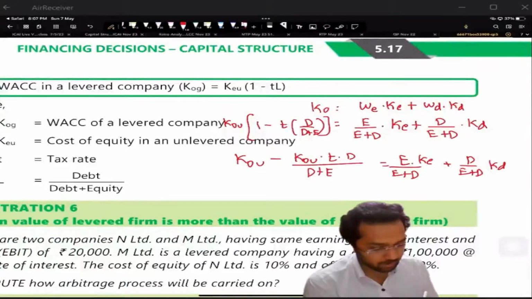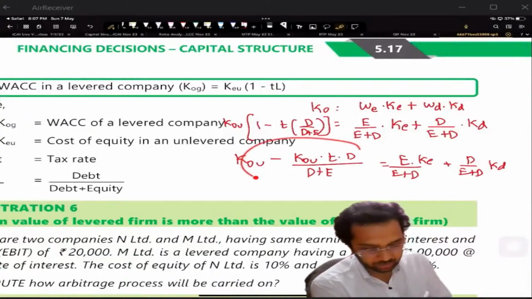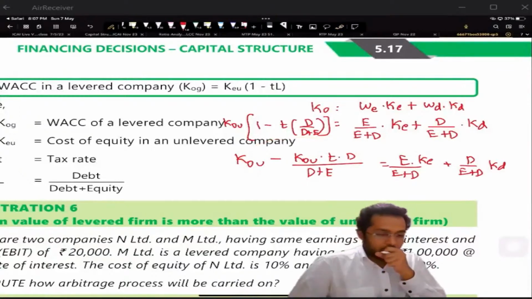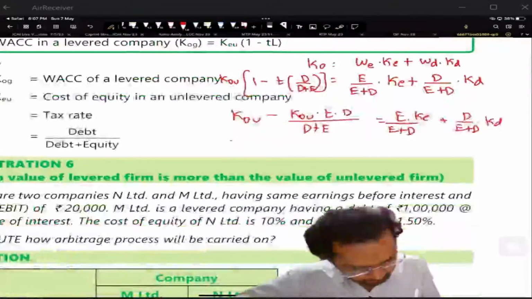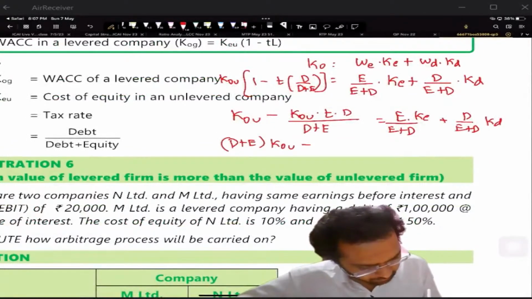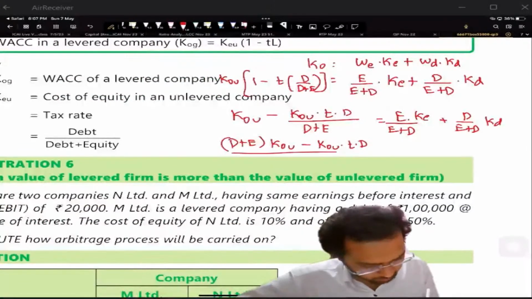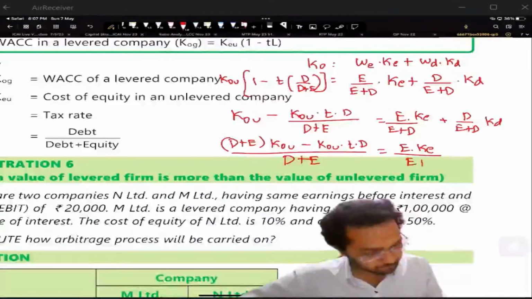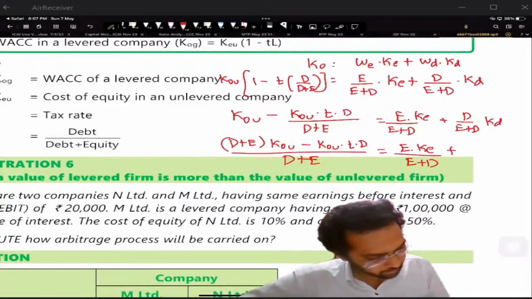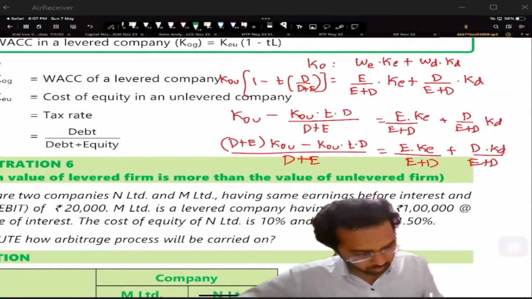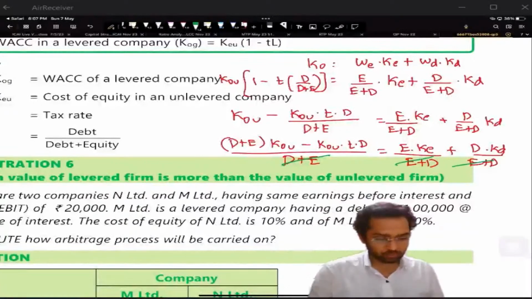Then multiply throughout by, this side we can take an LCM, and that essentially becomes debt plus equity into KO of unlevered minus KO of unlevered into T into debt upon debt plus equity is equal to equity E into K upon E plus D plus D into KD upon E plus D. Now you can do the cancellation of all three over here.